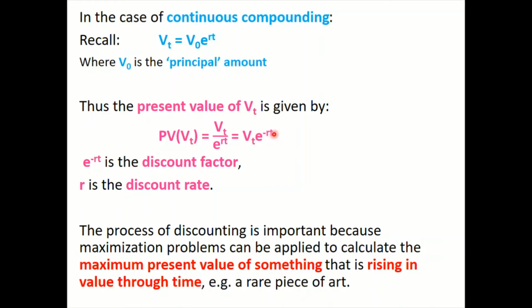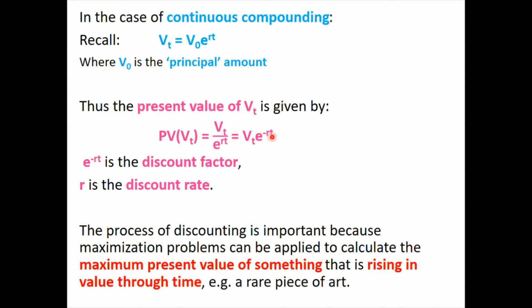So this formula here would enable us to calculate the present value of VT, which is our amount from the future, if you like, when we have a process of continuous compounding, when interest is being continuously added over T time periods.